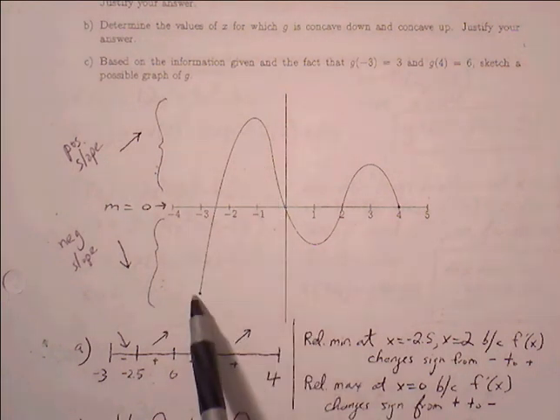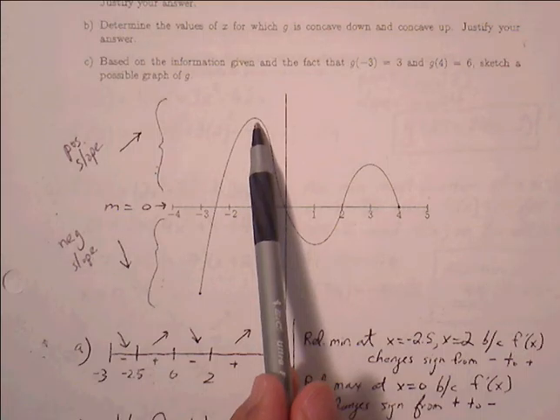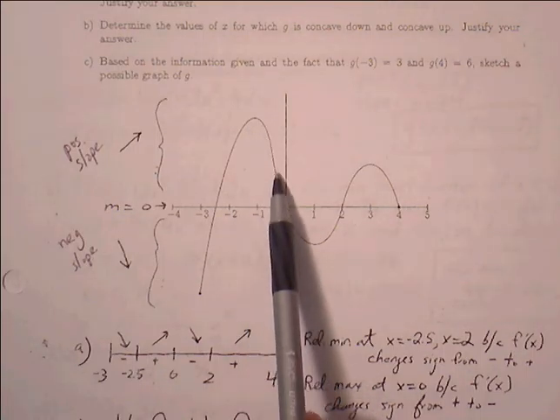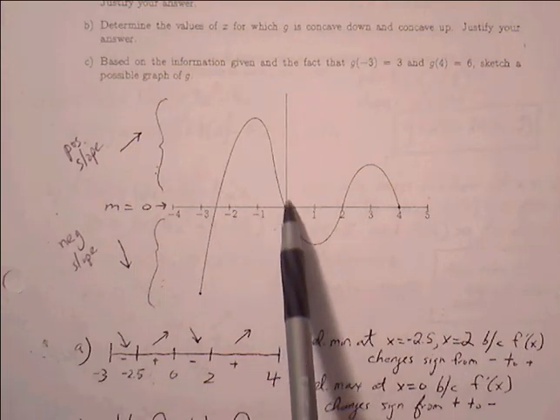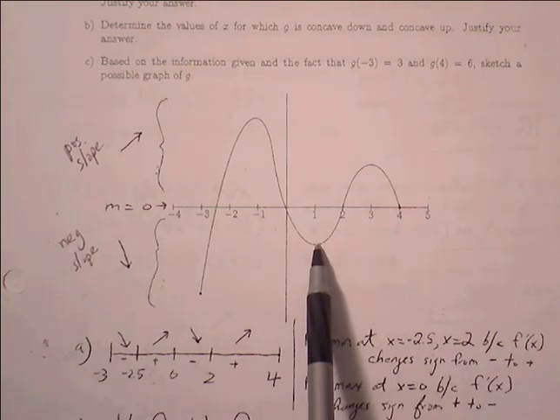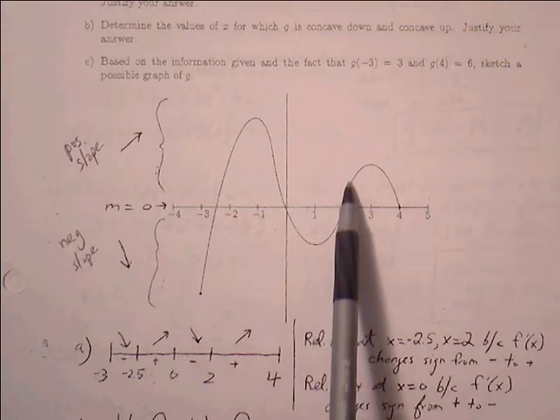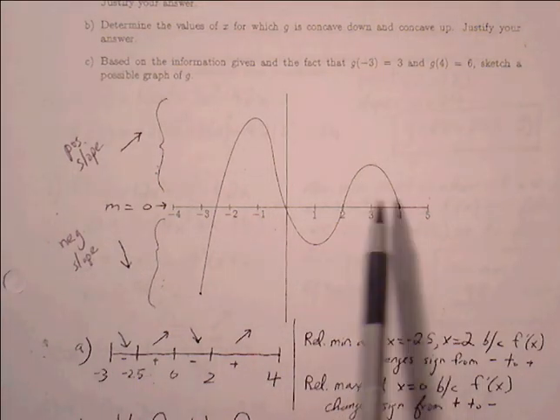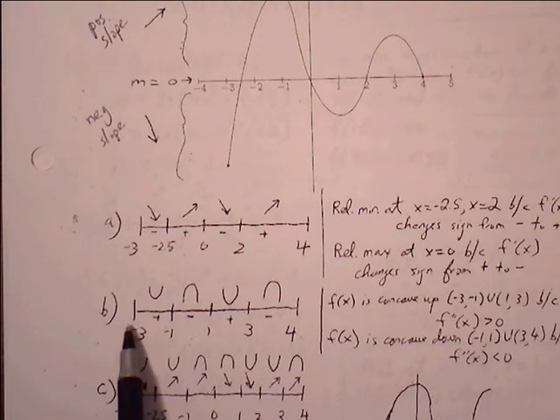So in this interval, concave up, point of inflection at -1, decreases here so concave down, hits a point of inflection, concave up again, and then hits another point of inflection, and then concave down. We can put all that information onto a sign line here.